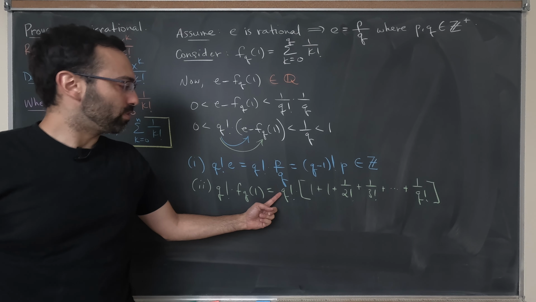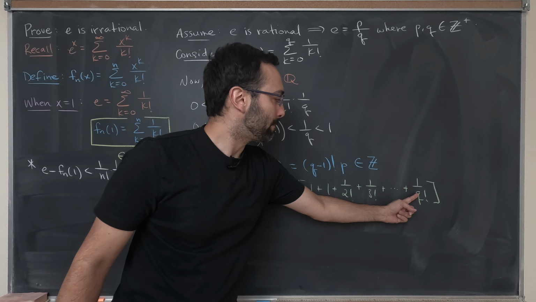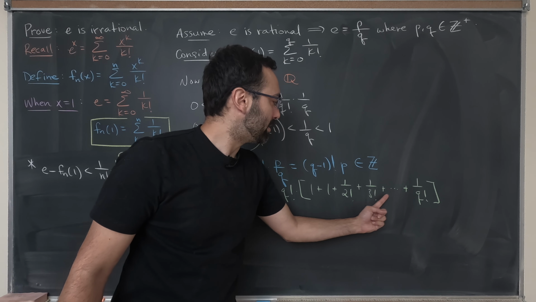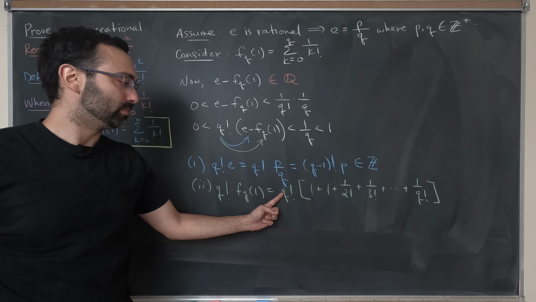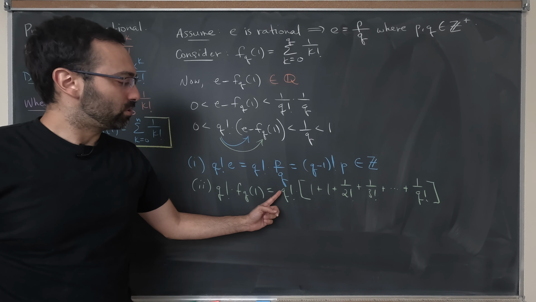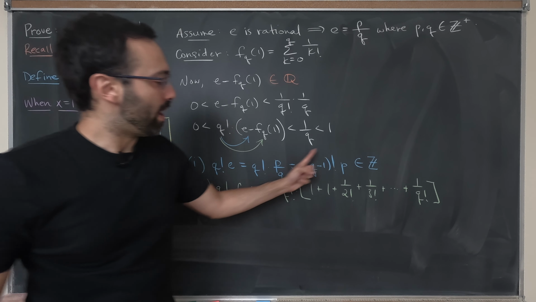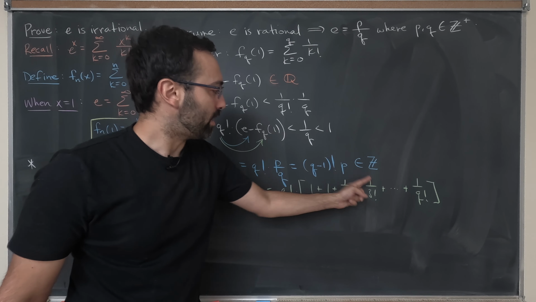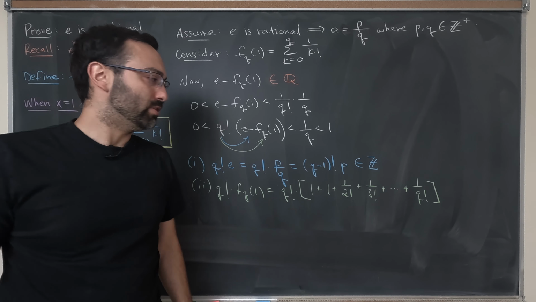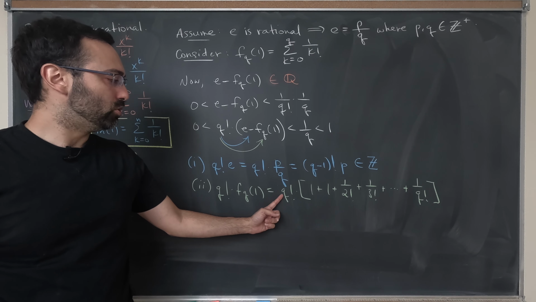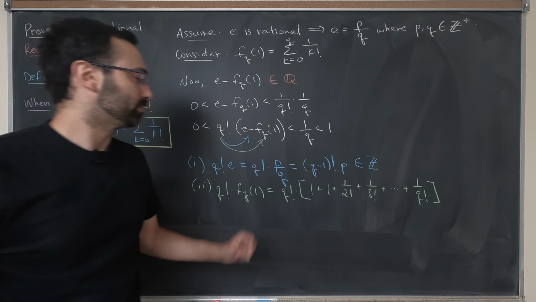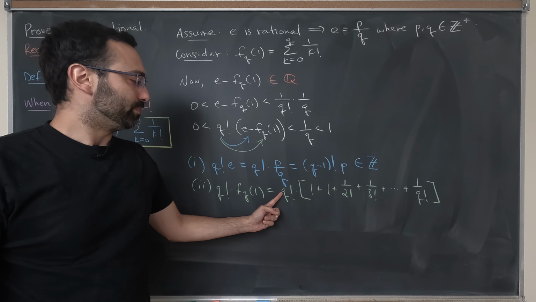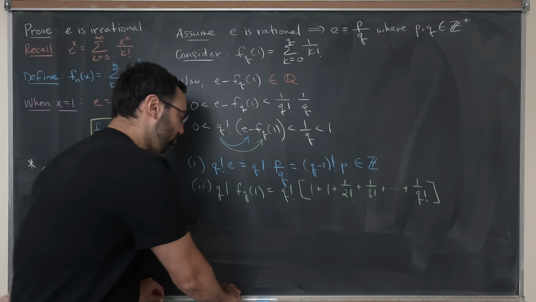So except for this q over here, all these other denominators in that sum are smaller than q. But if we take q factorial and distribute it into all of these fractions, we end up with integers. Why is that? Well, remember, q is larger than any one of these denominators, except this last one. And so, for example, let's say q was 5.